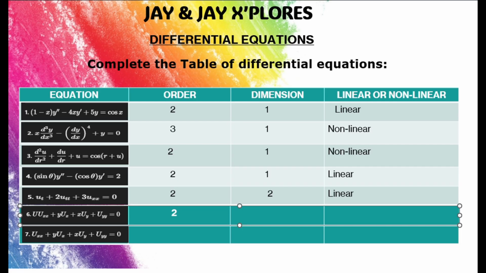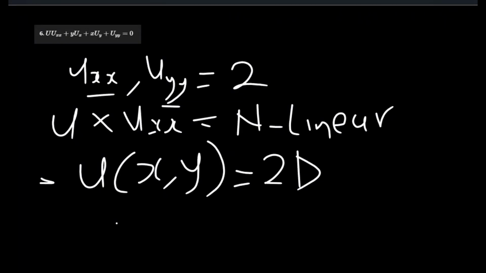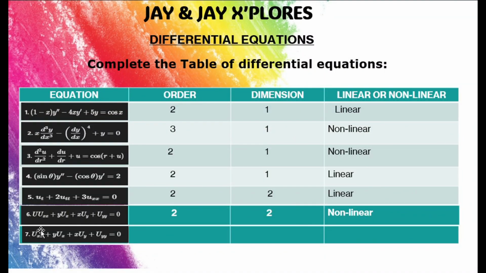For the order, we have the order to be 2. The dimension was 2 as well. And then we could see that it is a non-linear equation because we had a product of the derivative. Okay, yes, let's look at the last question, which is question 7.